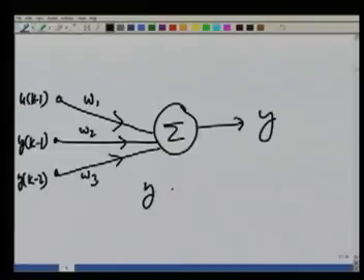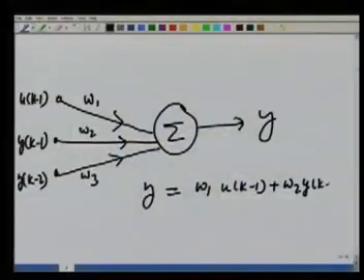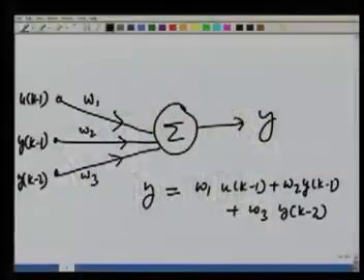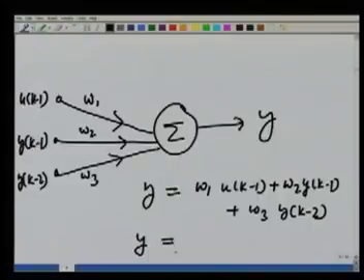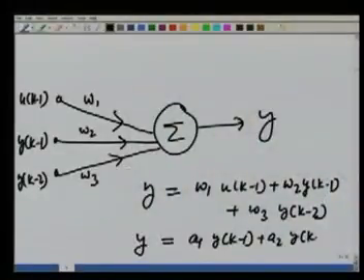So, obviously my y is W1 uk minus 1 plus W2 yk minus 1 plus W3 yk minus 2, whereas my actual system is supposed to behave as a1 yk minus 1 plus a2 yk minus 2 plus b1 uk minus 1.